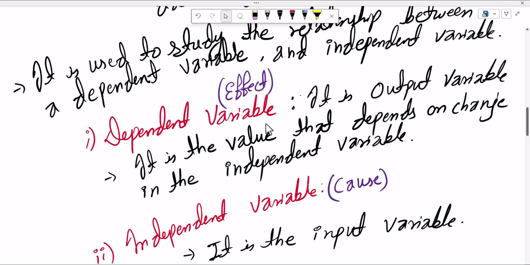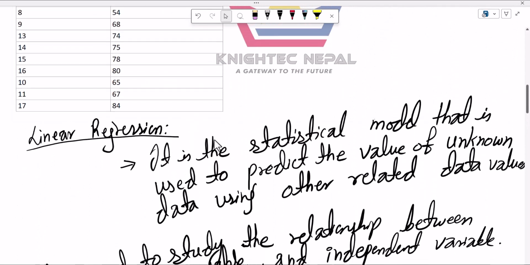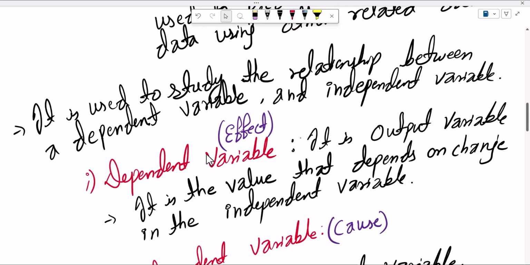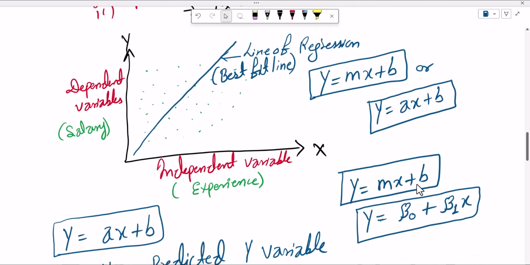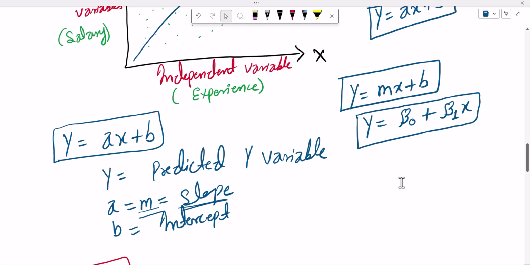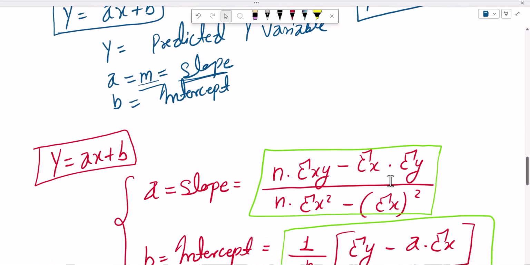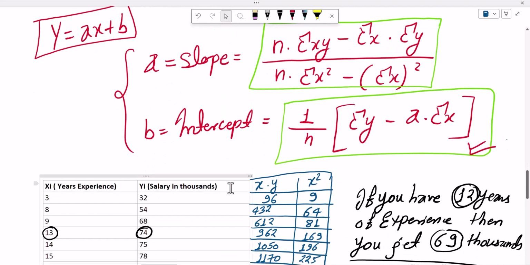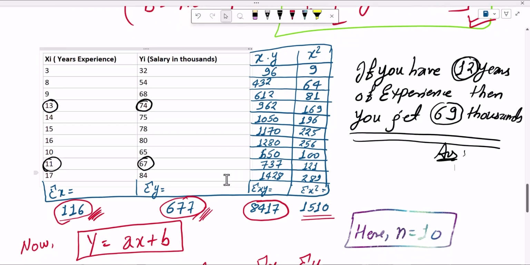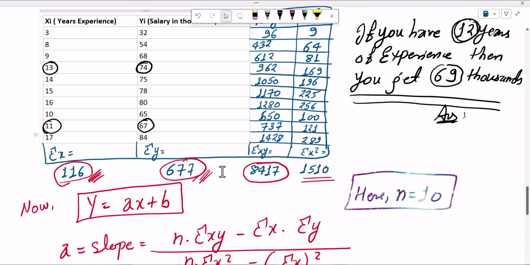In the theory part, we discussed linear regression: what is the dependent variable, what are independent variables, the equation y equals ax plus b, what y, a and b are, how to calculate the slope and intercept, and how to find the prediction, that is, predict the salary based on the given experience.